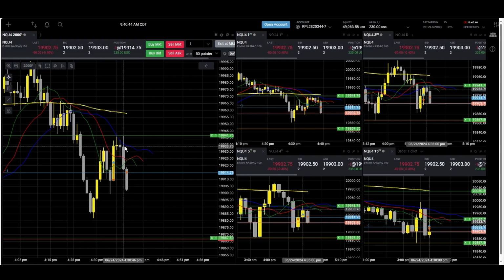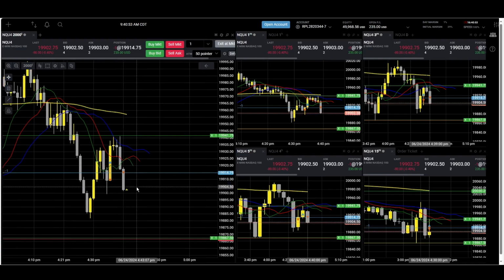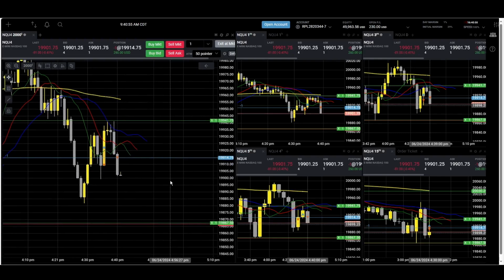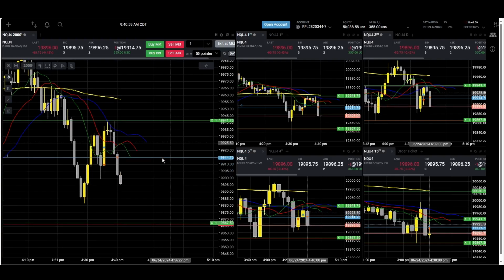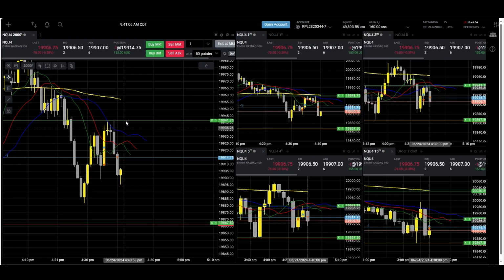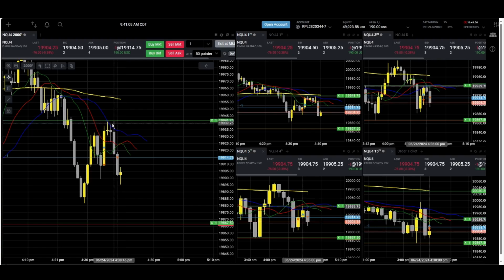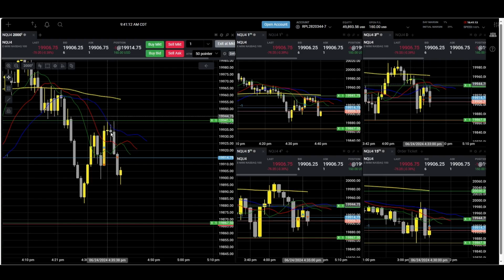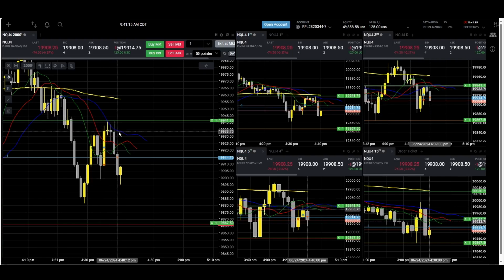The candle went convincingly blasting through the teeth and through the lips, finishing below them, and now we're going down, it seems. So about the take profit and stop loss. We entered at 914.75 and I set the stop loss to 41, just above the highs of the wicks of these two tests in the area of the jaw.